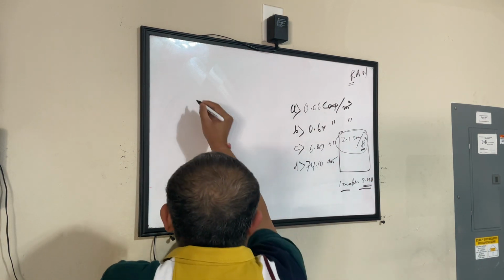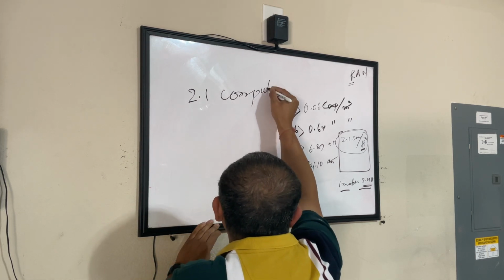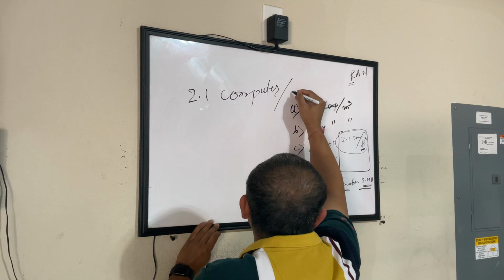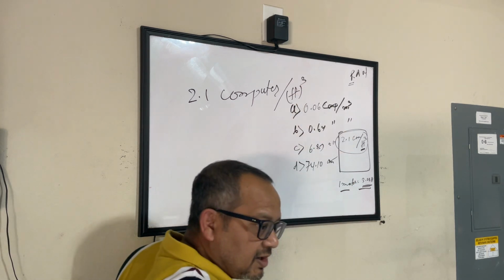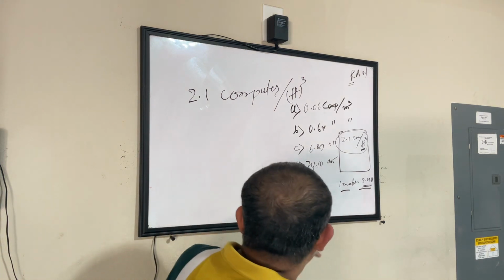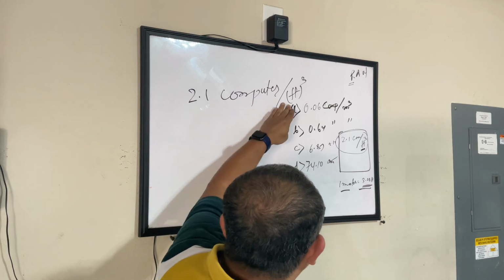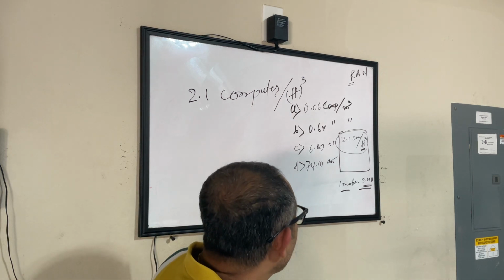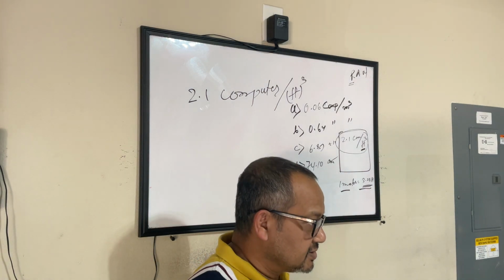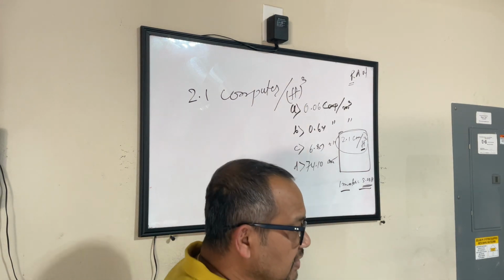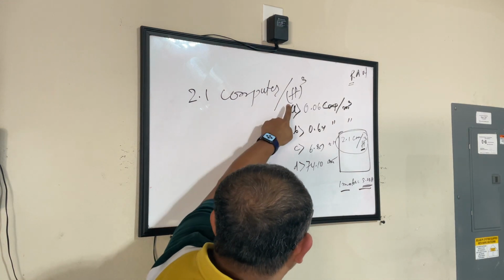So it says you can have 2.1 computers per cubic feet, per feet cube. If I am talking in feet, meaning per cubic feet I can keep this many computers, the question is how many computers can I keep per cubic meter? Now, look at this.